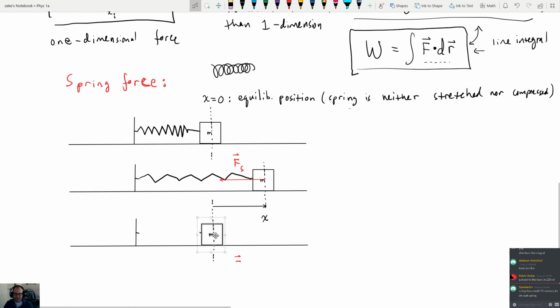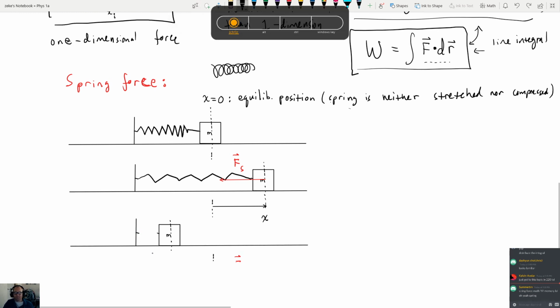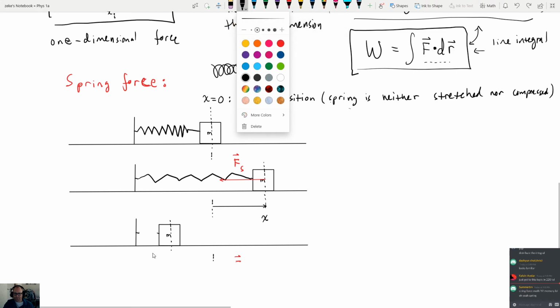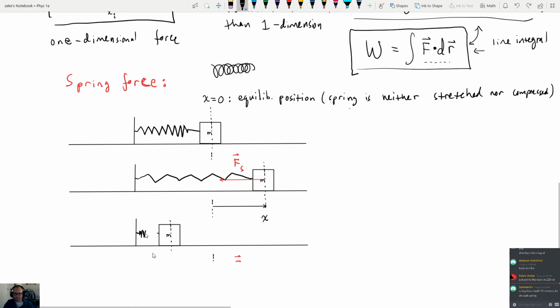So if the box were to be pushed inwards, to here, let's say for example, so that the spring is now really bunched up, so this is going to be a stretched spring, this is going to be a compressed spring. So our spring has now been squeezed together.